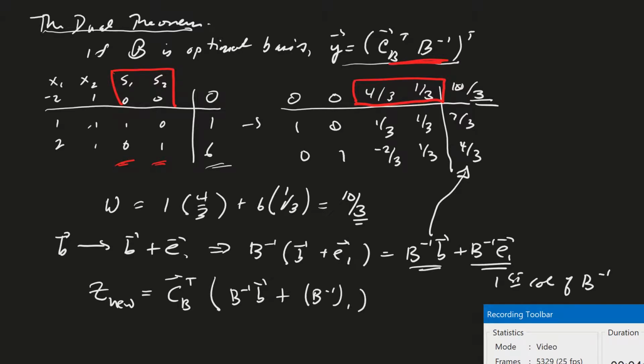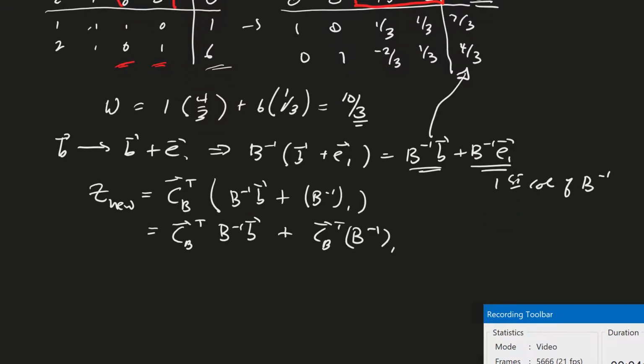If I write that out, I get CB transpose B inverse b plus CB transpose times B inverse e1. And so what is that? Well, this is z old, and this is y1.